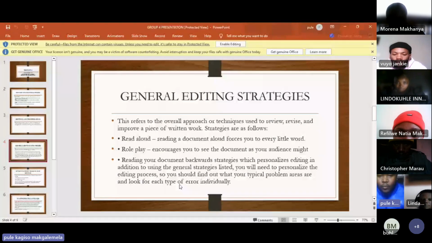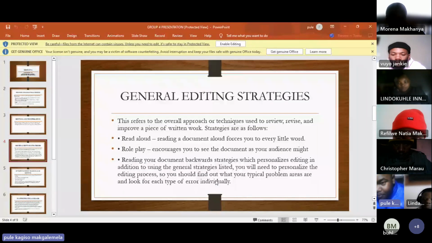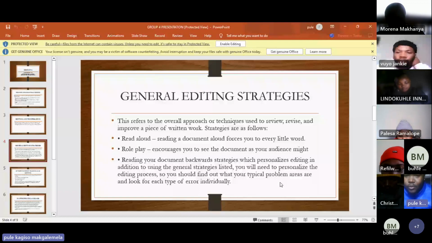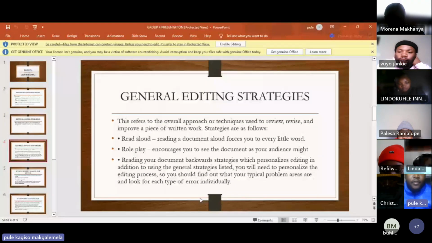Reading your document backwards personalizes editing. In addition to using the general strategies listed, you will need to personalize the editing process, so you should find out what your typical problem areas are and look for types of error individually.